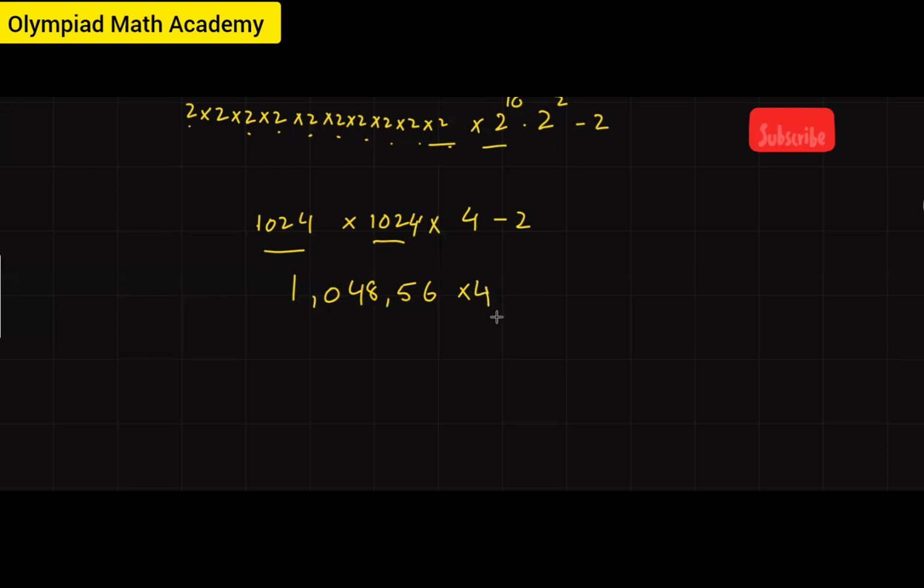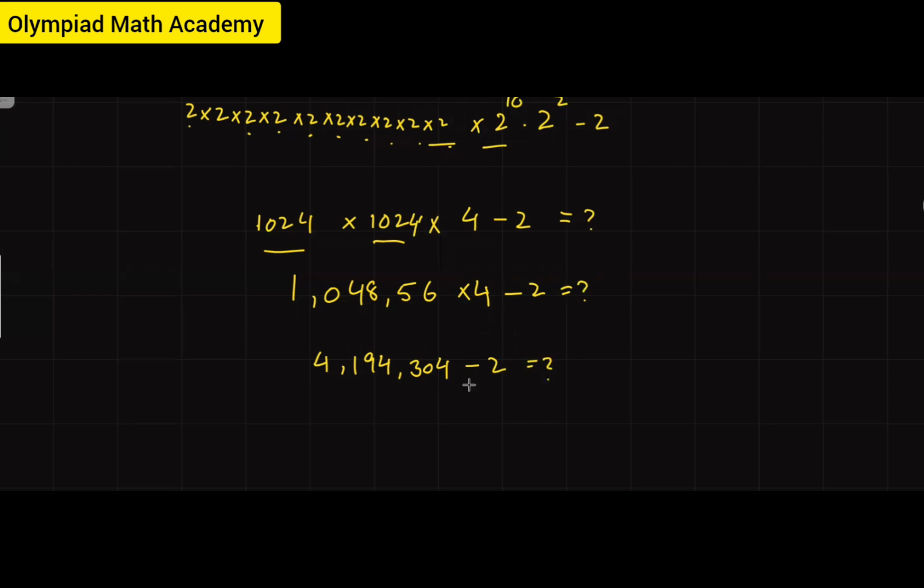If I multiply 4 by 1,048,576, I get 4,194,304. As I forgot to put negative 2 here, and again negative 2 here, the answer is still unknown to me.